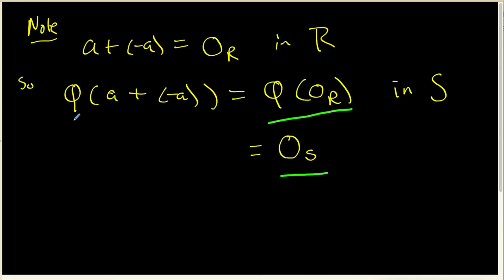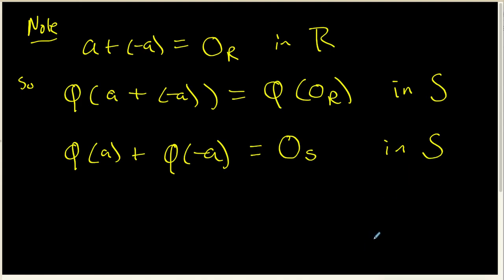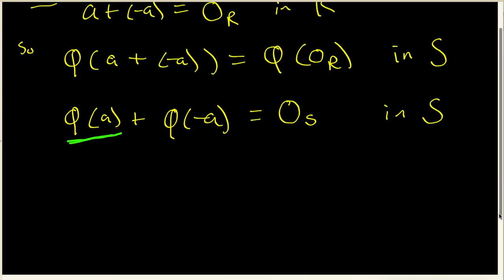On the other hand, over on this side, I can simply apply the definition of a ring homomorphism, and I can break that side up into phi of A plus phi of minus A. And this is an equation inside S. Now here again what I'm going to do is add the additive inverse of this element inside S to both sides of my equation.